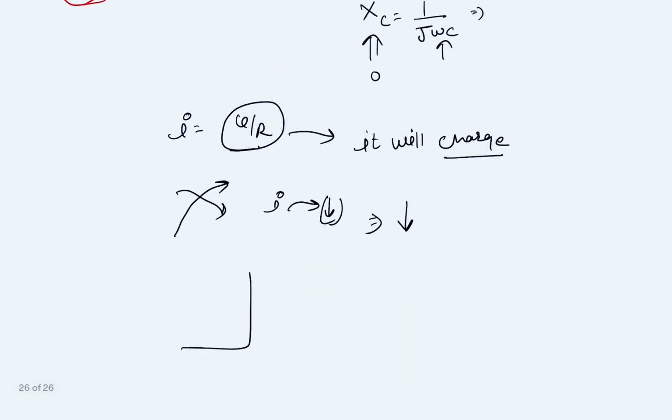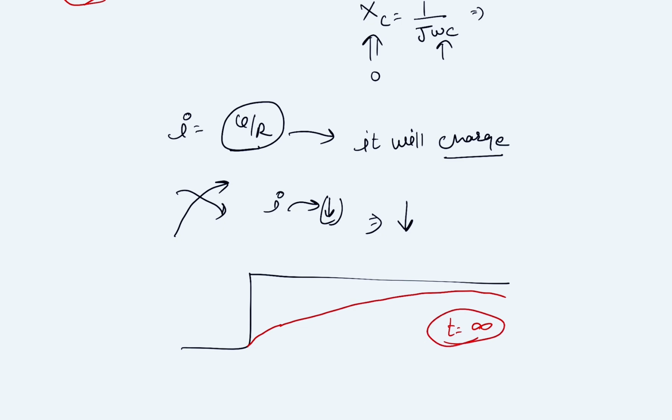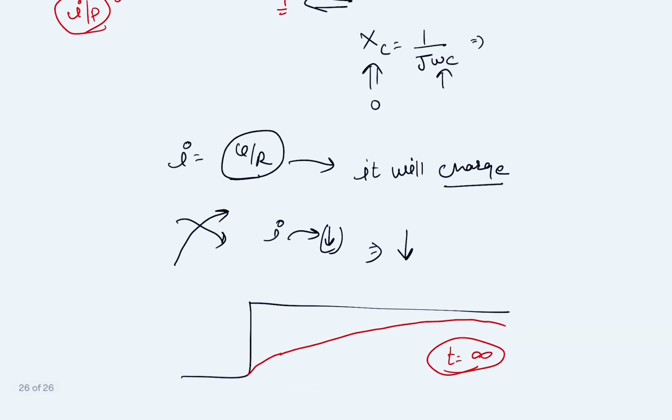So when we give an input like this, the cap will not charge with a constant speed. Initially the rate of charge of the cap is high, and it starts decreasing, and only at t equal to infinity will it be able to charge to a voltage equal to the input.